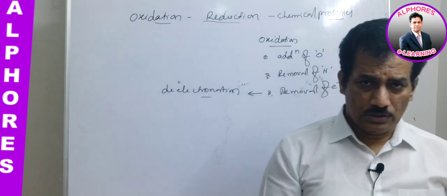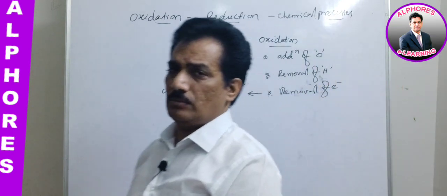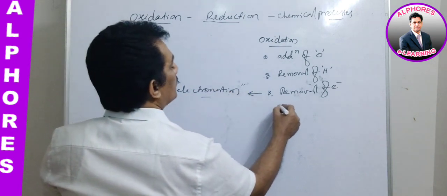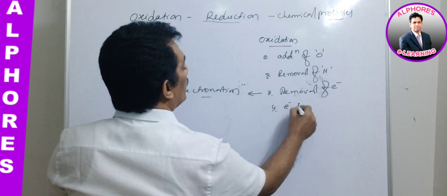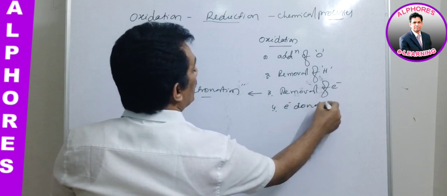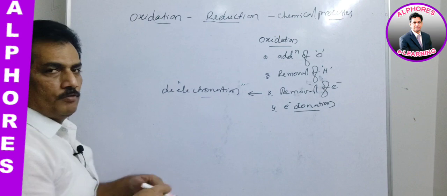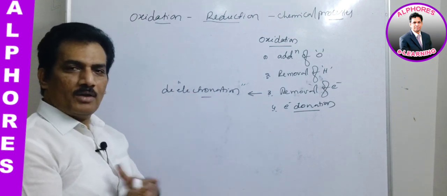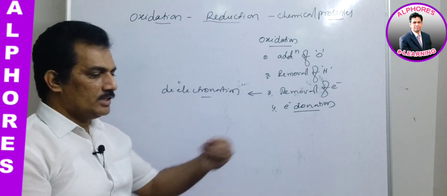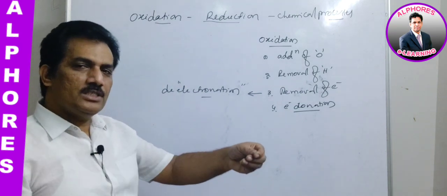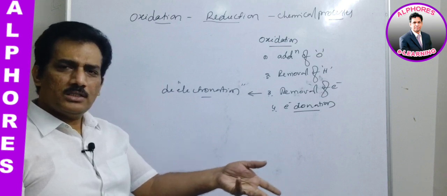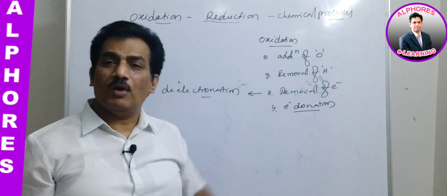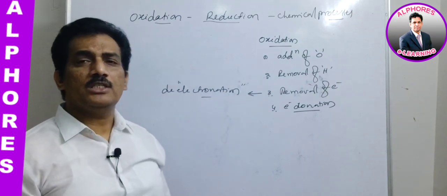That removal of electron is known as oxidation, or simply you can say electron donation is oxidation. When it is donating, it is undergoing oxidation. Donating or removal, both are the same concept, whether it is donating to the other or the other is removing the electron from it. Clear? These are the different definitions you already know for the oxidation process.